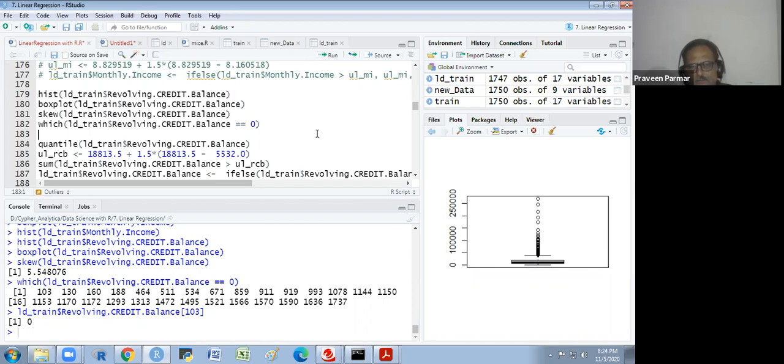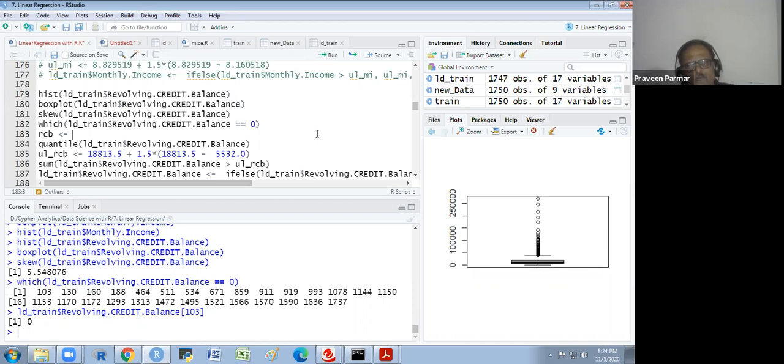I take it as an independent variable and I am not using it in the data frame at this moment. So I am just making a new RC, revolving credit, RCB new independent.